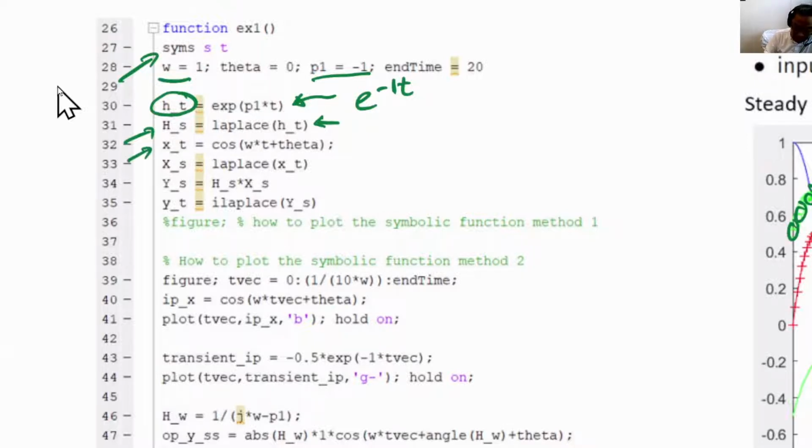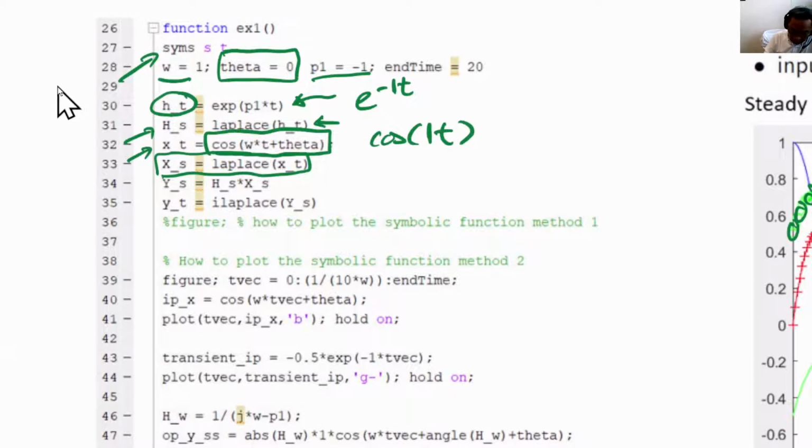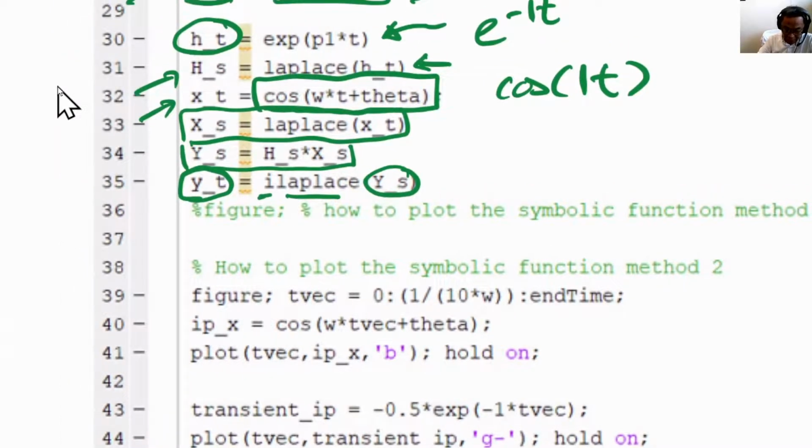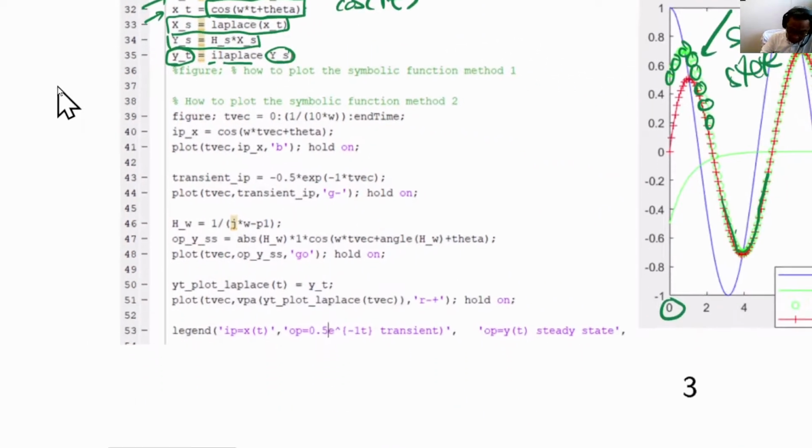We want to find the Laplace transform of x of t, so we define x of t first, which is cosine 1t. The theta is 0. And we perform the Laplace transform. The output is simply the input X of s multiplied by H of s, and to get y of t is simply the inverse Laplace transform of Y of s. So it's trivial. In MATLAB, it's only about 6 lines of code. The rest is to plot. Take a look at how I plot, and then the figure comes out.